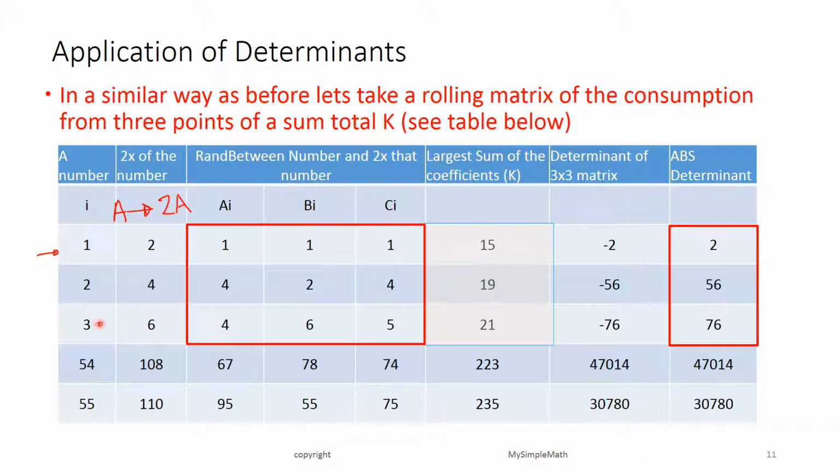So I plotted these two. Why I'm doing this is to simulate our previous thought that determinant right here could be used as a measure for change in the system instead of just measuring the total amount that was being consumed in a system. So let's see how the graph looks like.